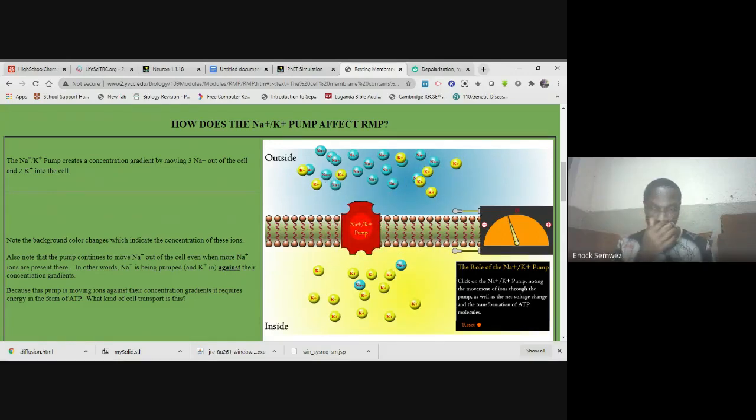So that's what takes place. Now, even if the process continues, even if up here we have more of the sodium ions and here we have less, this pump will still continue to move these few sodium ions left to the other side which has more sodium, and that's why we are saying that it always moves ions against their concentration gradient. I guess that one is clear.